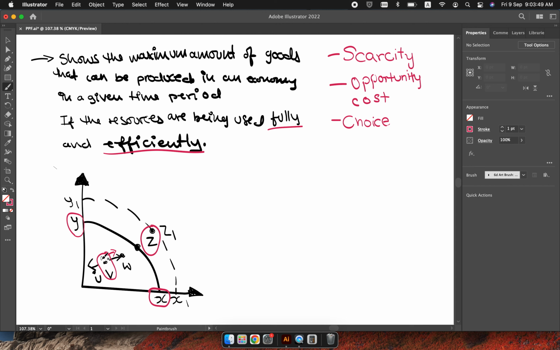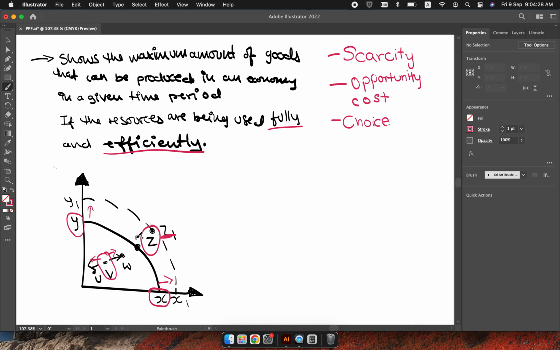But if there was some sort of war or natural disaster that further degraded the economy's technology or resources, then it would go down to point U. Now, point Z1 is actually unattainable because it's not on the curve, it's actually past the curve. So in order for an economy to achieve this, it's going to need some sort of technological advancement or increase in resources in order to be able to produce the new potential output.